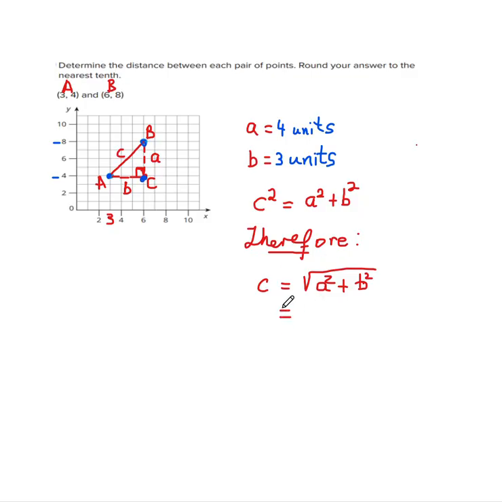Therefore, let's go ahead and calculate C. So since we know from our earlier computation that A is equal to 4 units, we're going to have 4 squared, and B is equal to 3 units. We're also going to have plus 3 squared, and of course we're taking the square root of this.